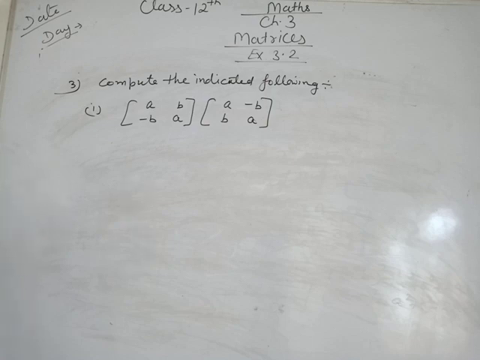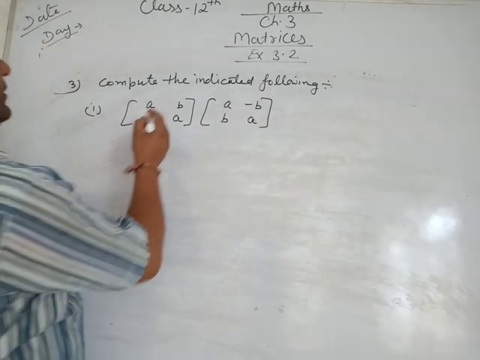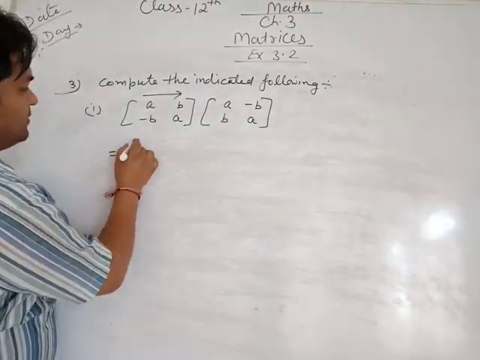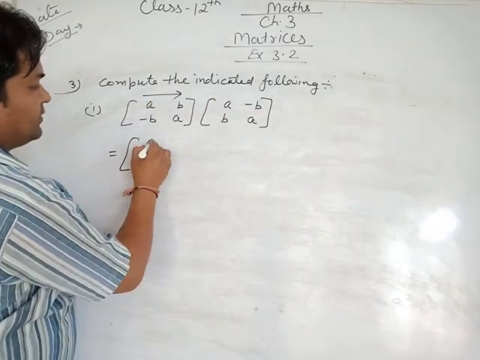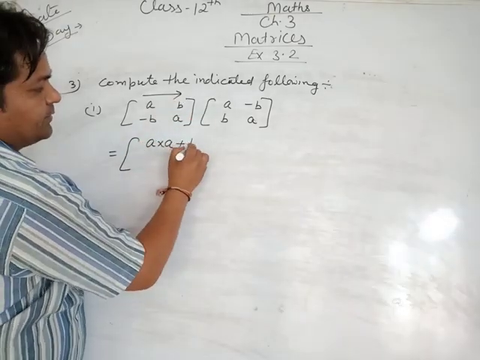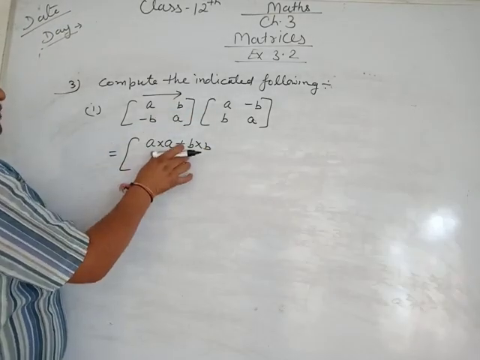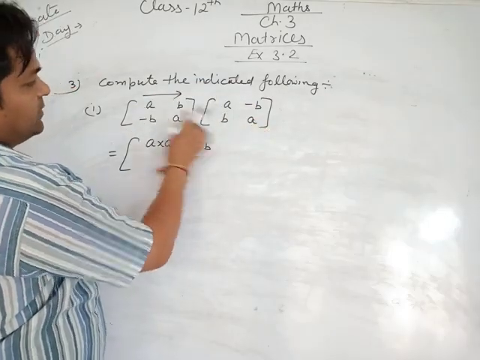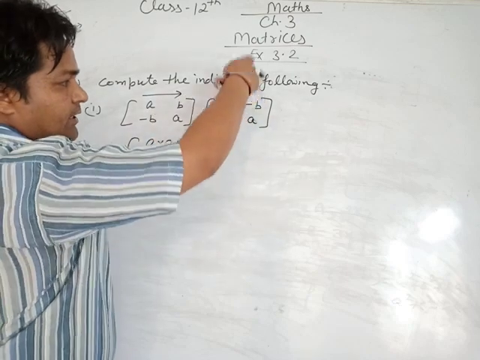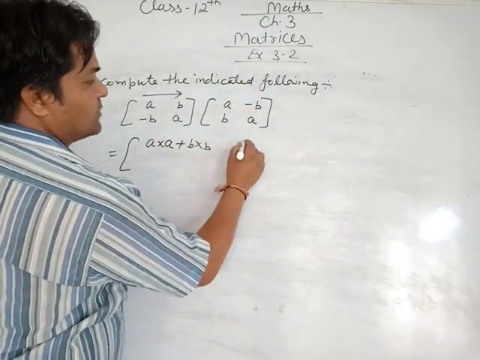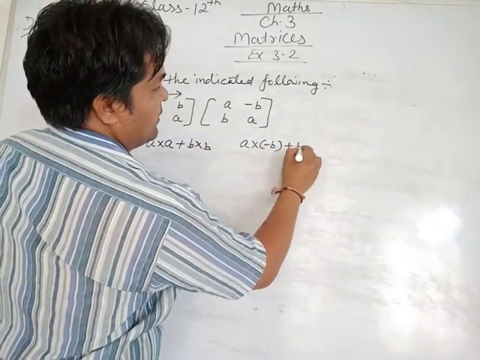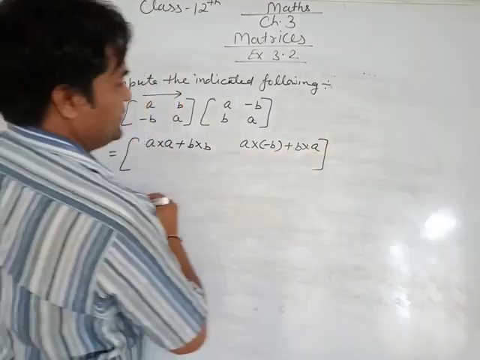Now we multiply this. Similarly, take the first row and first column and multiply: corresponding elements are multiplied, with a plus sign in between, A multiply A plus B multiply B. For the second element, take the first row of the first matrix and the second column of the second matrix, multiply the corresponding elements, B multiply A, with a positive sign in between.